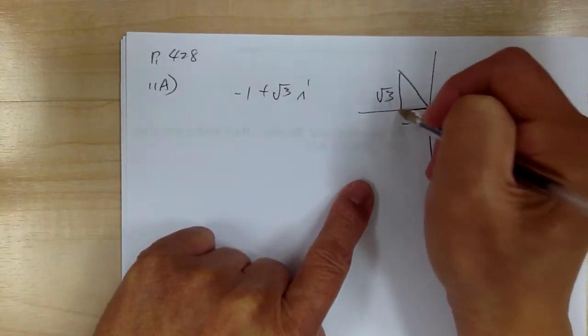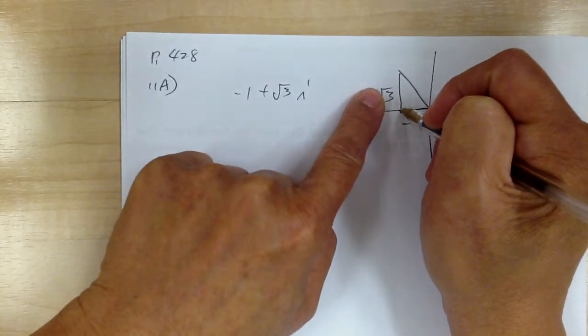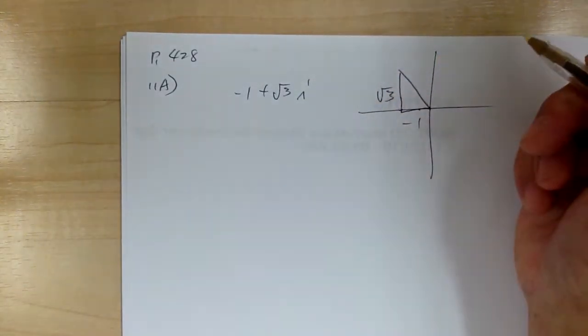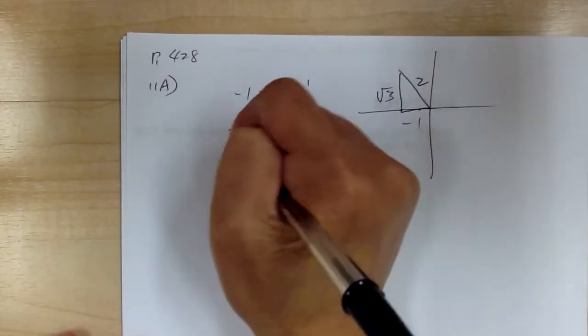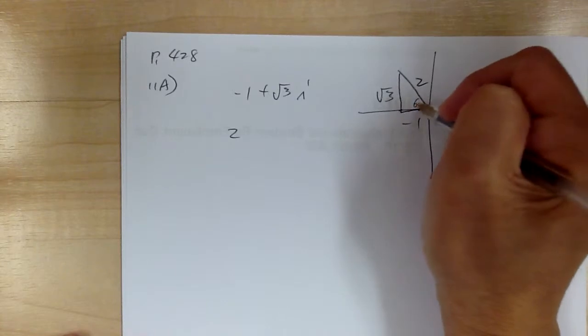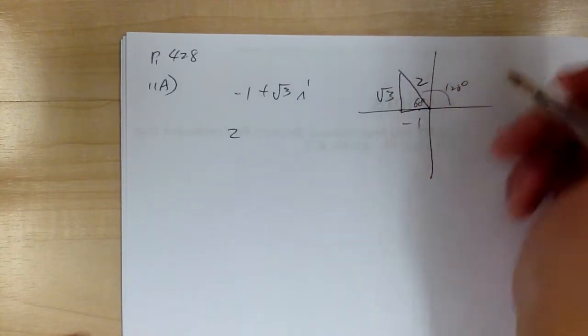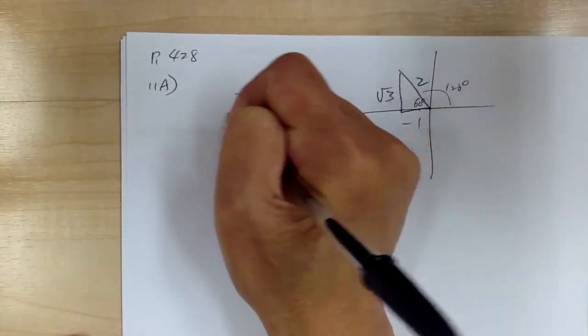Just draw to any length, and if this is bigger, you make this longer than that. If it's smaller, you make it shorter. And so this would be 2, and this is going to be 60 degrees, so this would be 120 degrees. So it would be 2 e to the 120 degrees i.